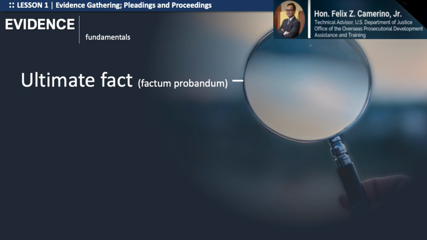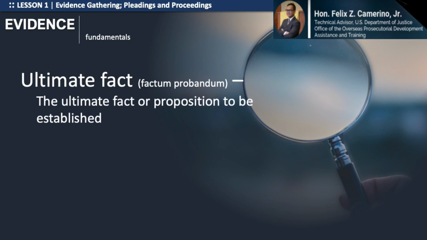So let's differentiate now, because these are the two aspects of evidence. There's the ultimate fact, which is what you're proposing and what you're aiming to prove. It's the ultimate proposition that you are aiming to establish.